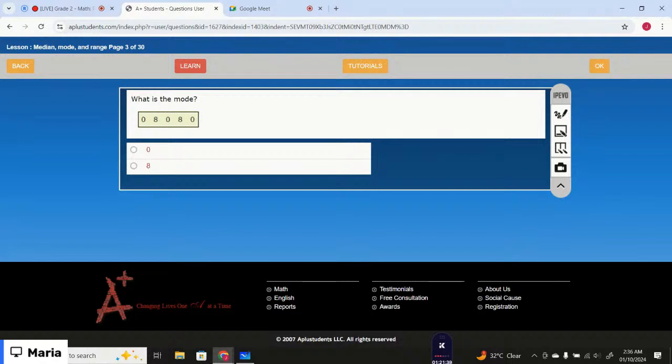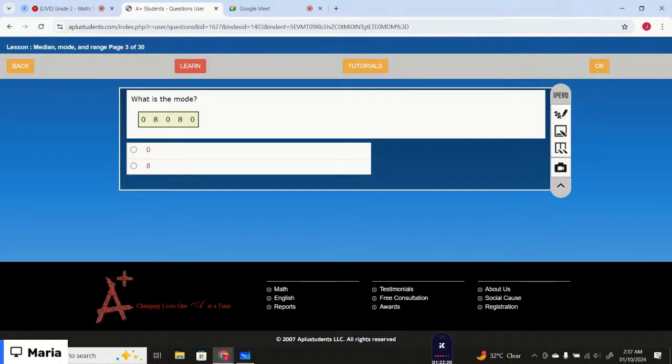What is the mode? Which is the correct option? The correct option is 0.